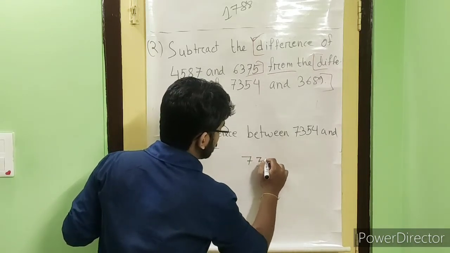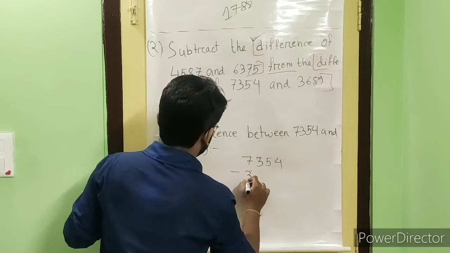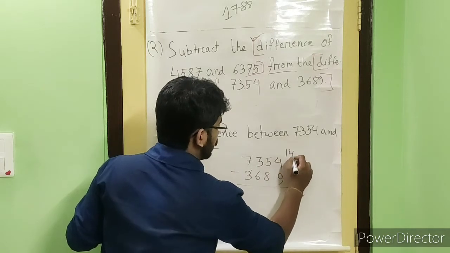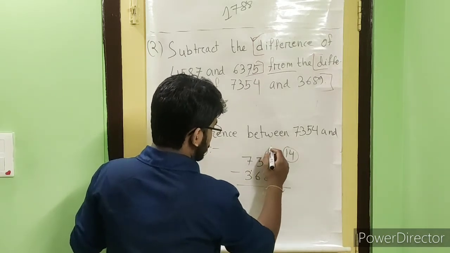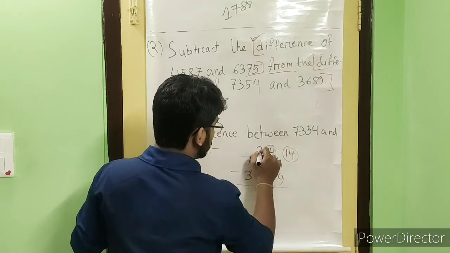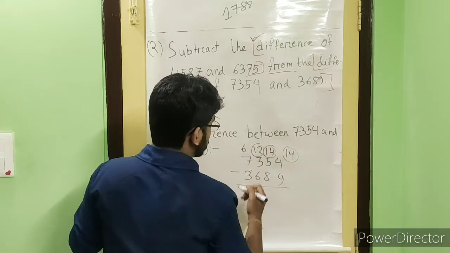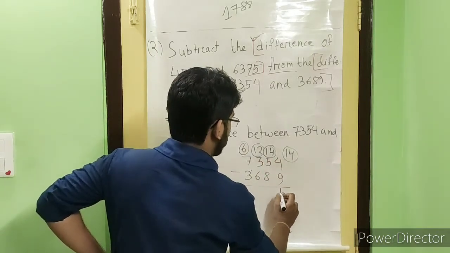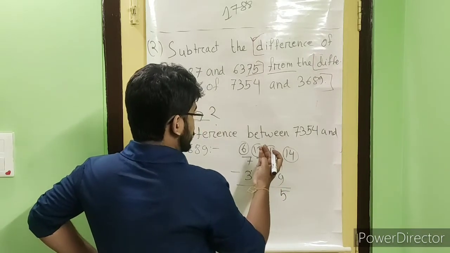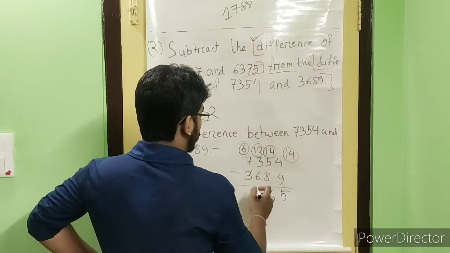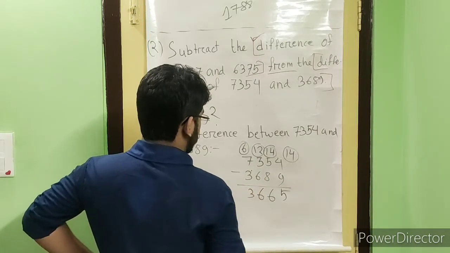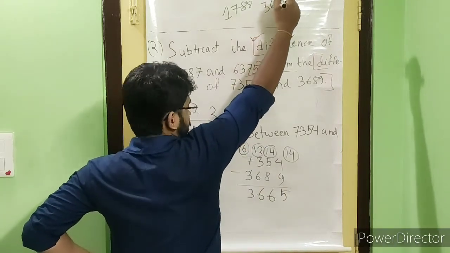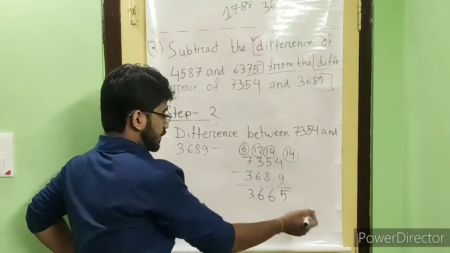So 7354 minus 3689. 14 minus 9 is 5. 14 minus 8 is 6. 12 minus 6 is 6. 6 minus 3 is 3. So the second one is 3665. Pause the video and write down this.